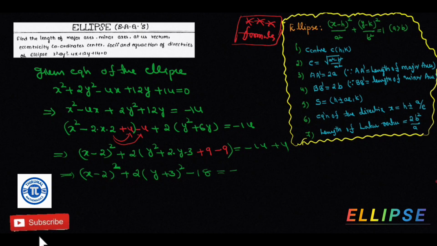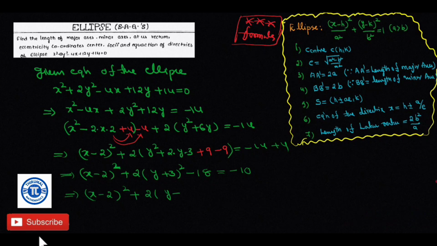So x minus 2 whole square plus 2 of y plus 3 whole square is equal to minus 10 plus 18, we get 8.